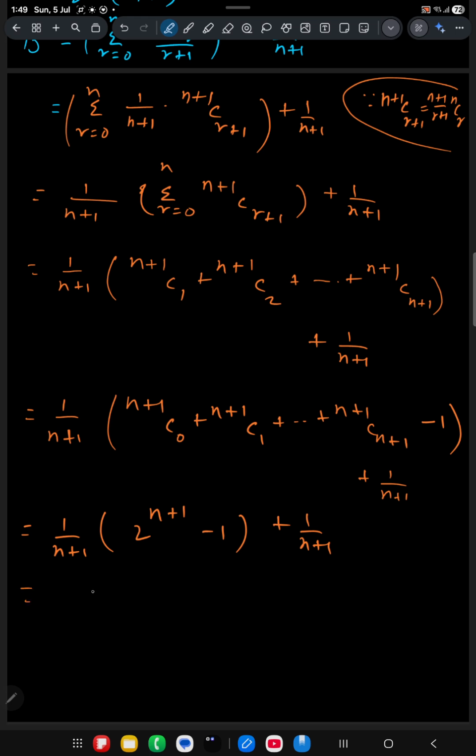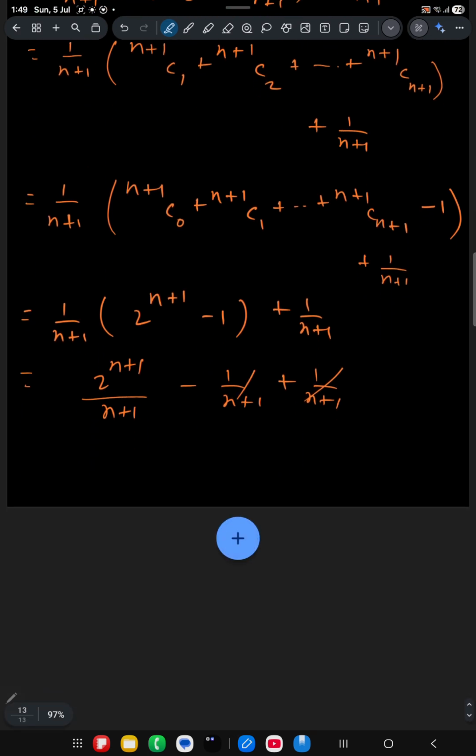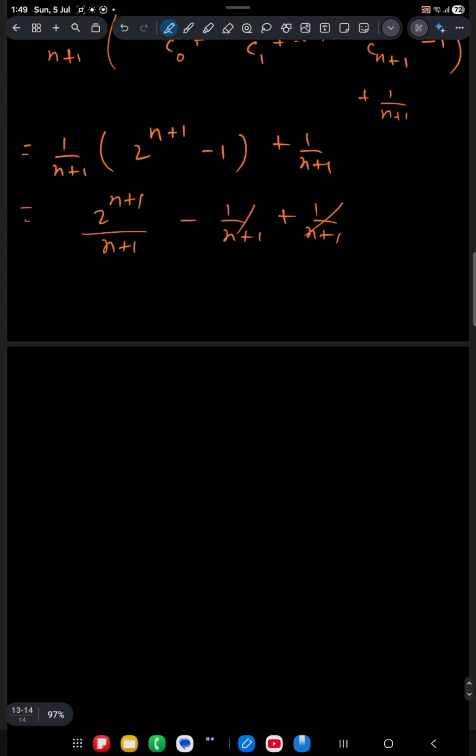So if you open the bracket, you will get 2 to the power n plus 1 by n plus 1, minus 1 by n plus 1, plus 1 by n plus 1. These two cancel, so you are left with this. This is your value of beta, finally 2 raised to the power n plus 1 by n plus 1.